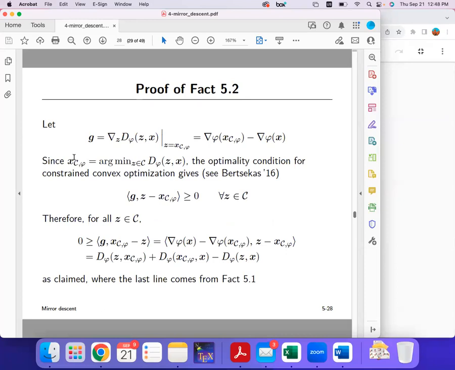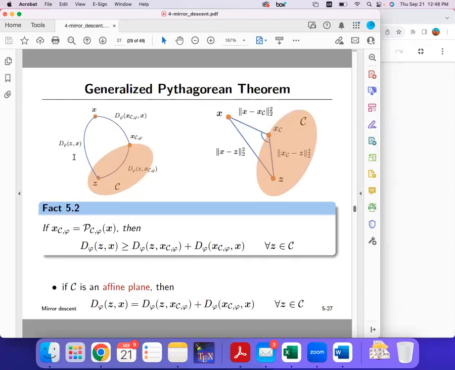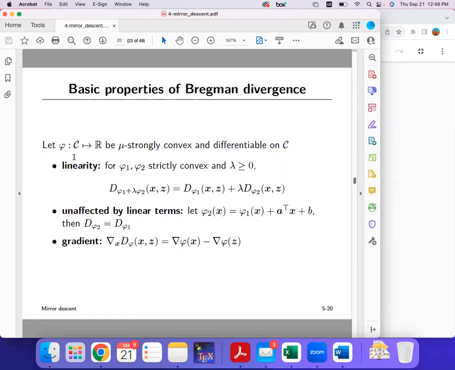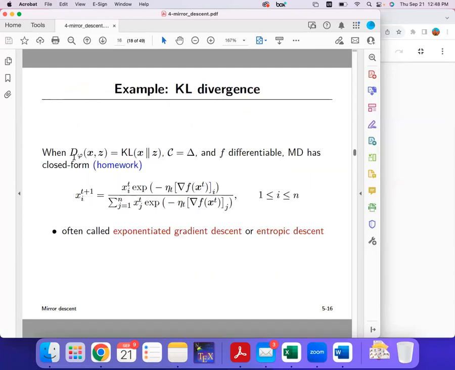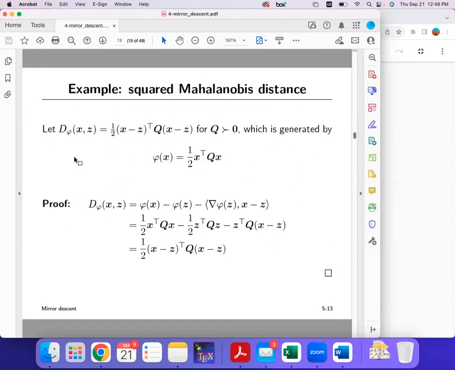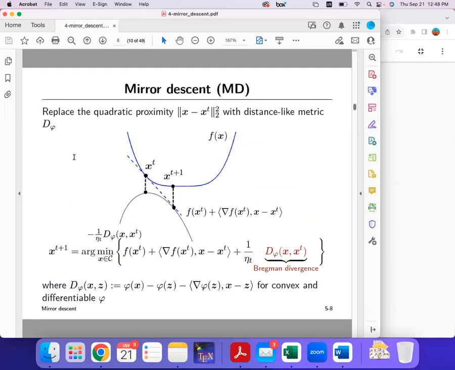First let's go to the mirror descent algorithm. This is the mirror descent algorithm. In this form, it is described by an optimization problem. X_{t+1} is defined as the minimizer of this constrained optimization problem.